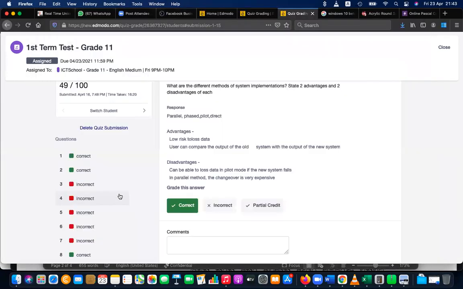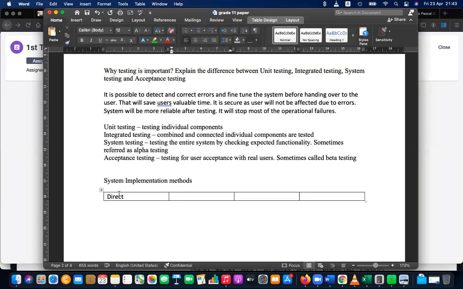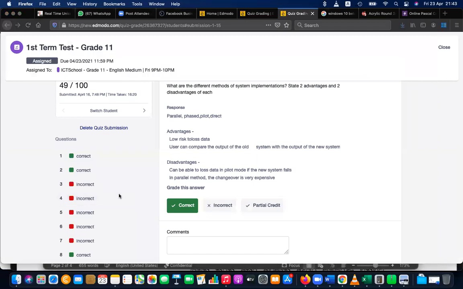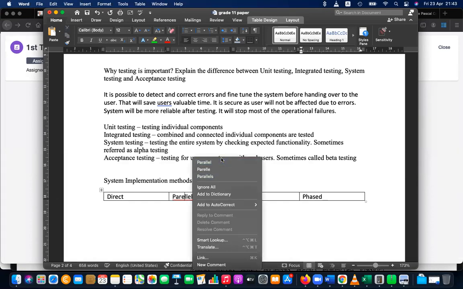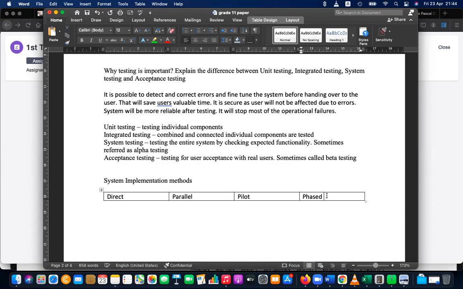The next one is paced, pilot. So direct would come first, then parallel, pilot, and paced. Okay, these are the implementations.